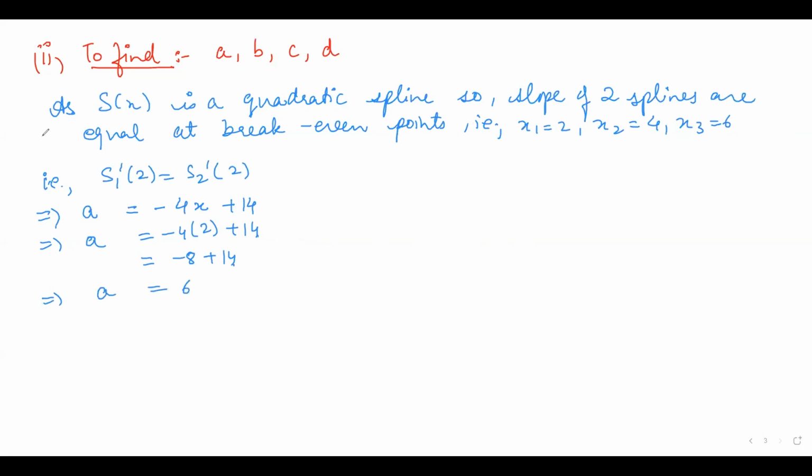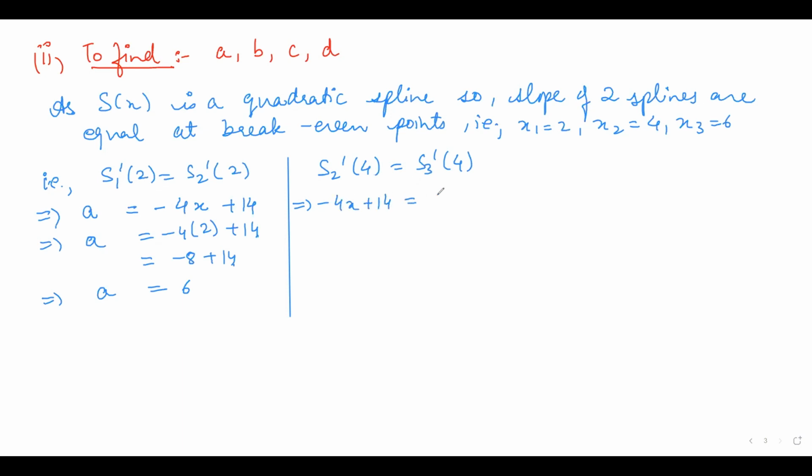Very easy and simple. Now on the similar basis, I will calculate the another value. S2 dash at 4 is equal to S3 dash at 4. So S2 dash at 4 is same, that's minus 4x plus 14.